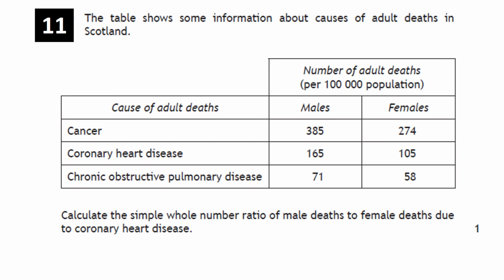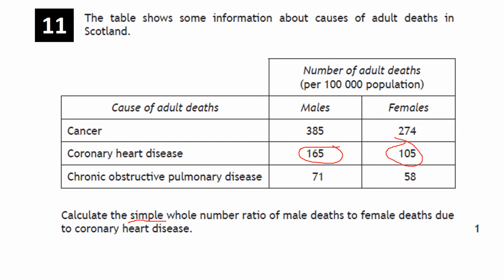Number 11, do this one. The table shows some information about causes of adult deaths in Scotland. We've got cancer, coronary heart disease, and chronic obstructive pulmonary disease. Calculate the simple whole number ratio of male deaths to female deaths due to coronary heart disease. Important word here is simple. You've got to simplify it.